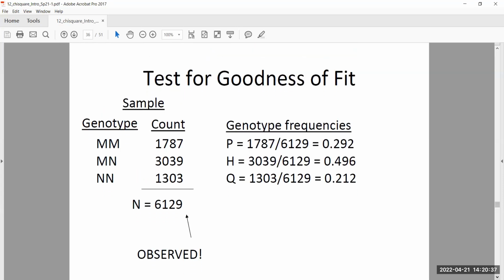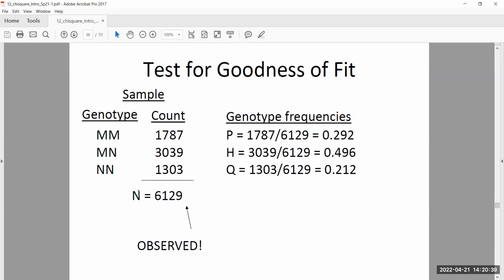And we're going to use the total sample size to find our genotype frequencies. Our genotype frequencies we're going to call big P, big H, and big Q. So we're just going to take each of those counts and divide by the same value, 6,129.